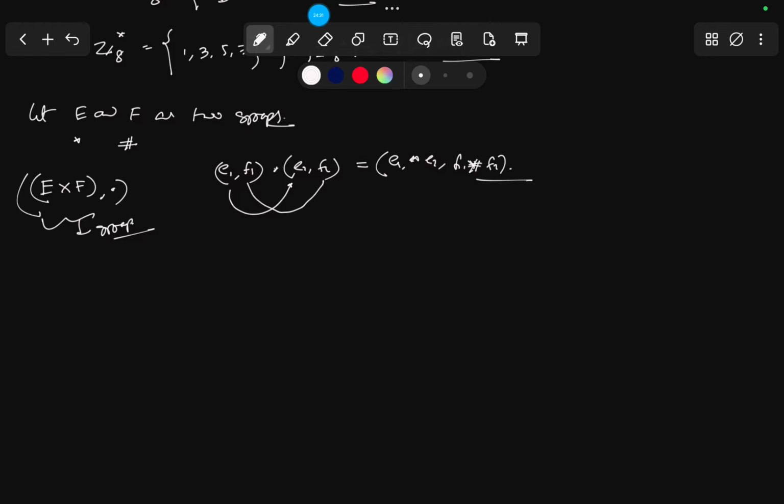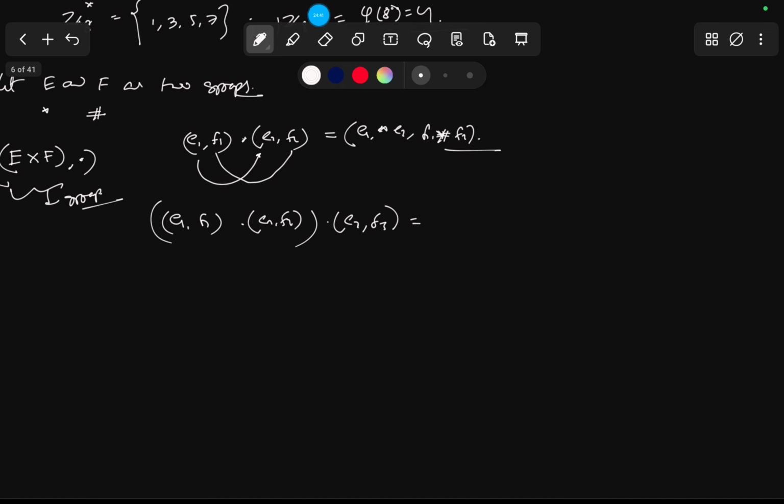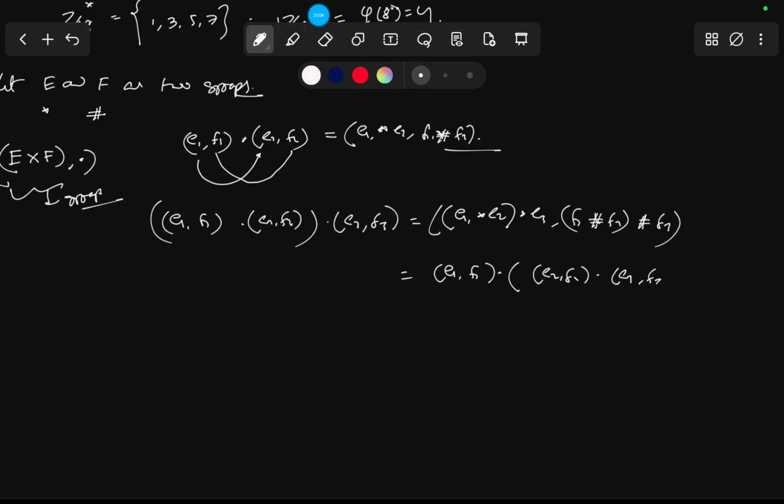In fact you can check that (E1, F1) dot (E2, F2) dot (E3, F3) gives you (E1 star E2 star E3, F1 hash F2 hash F3). This is basically the same as (E1, F1) dot (E2, F2) dot (E3, F3) regrouped. So this is associativity.